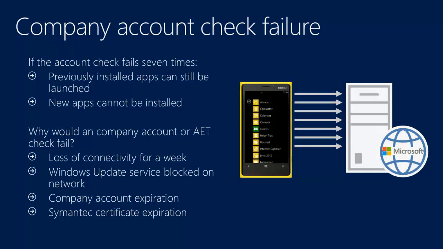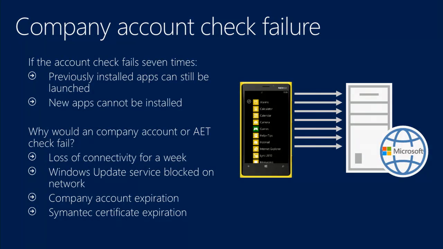Reasons it'll fail: loss of connectivity for a week. So it's checking every 24 hours. If it fails after 7, it'll kick out the applications and not let new ones be installed. So 1 week, everything will start to not work. The Windows Update service can be blocked on the network.